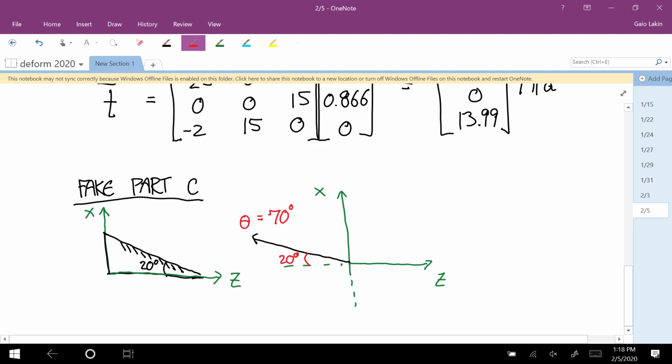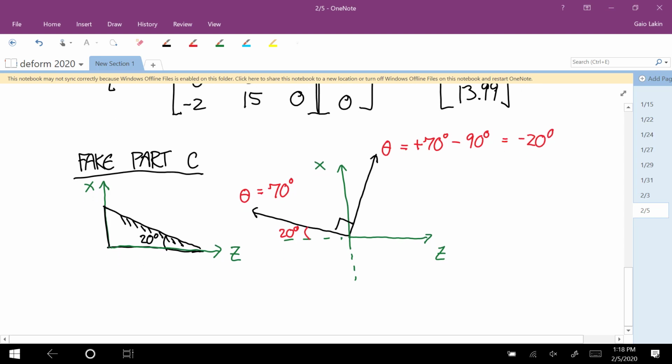And from there, we want to go 90 degrees. So we'll go plus 70 minus 90, so negative 20.